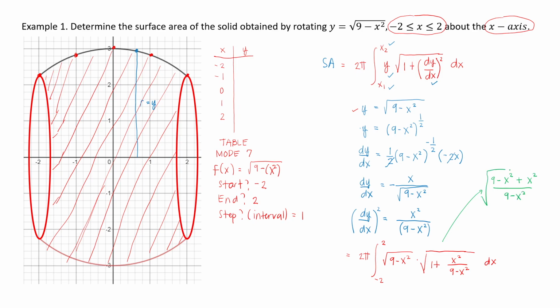And then square, di ba? So I can cancel out negative x squared and positive x squared, and this will give me the square root of 9 all over 9 minus x squared. Okay? So if I multiply this one with the other 9 minus x squared, di ba?